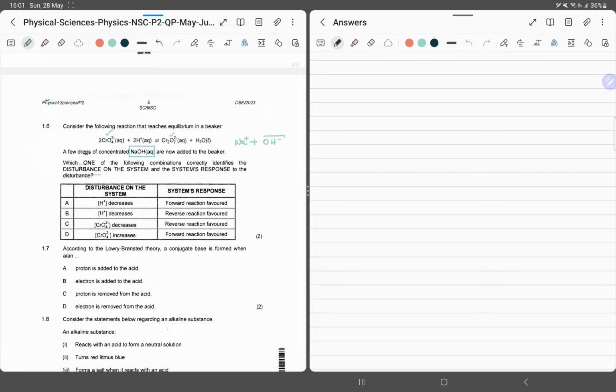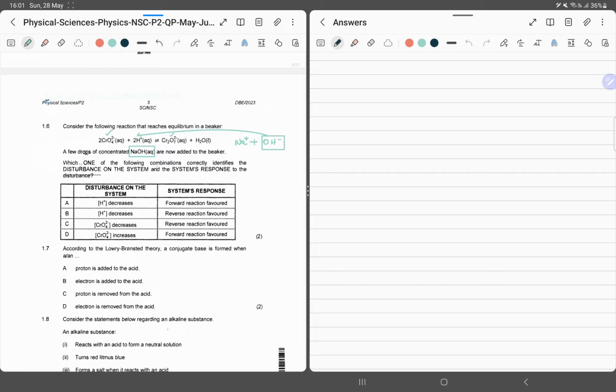But the OH will react with our hydrogen ions. The hydroxide ion will remove our hydrogen ions, and that means the hydrogen ions are going to decrease. If they decrease, Le Chatelier's principle says that if we disturb this left-hand side, the reverse reaction will be favored.